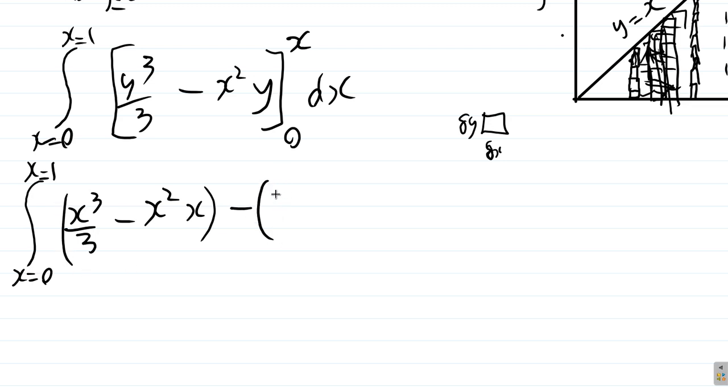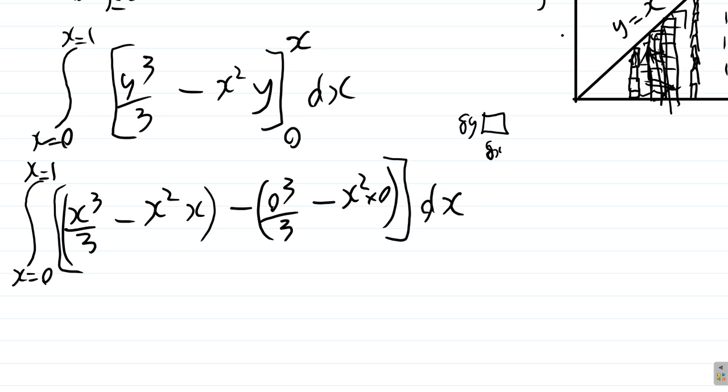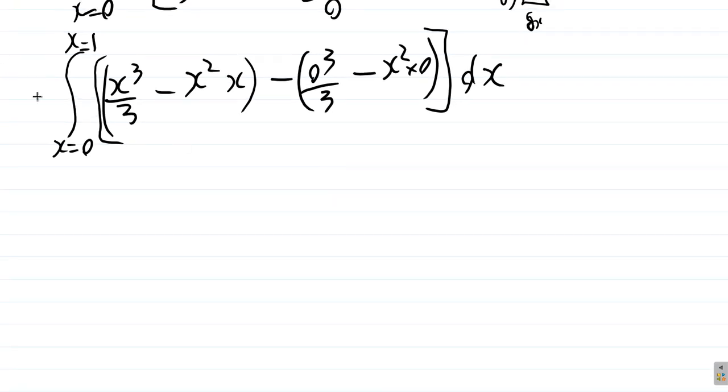The lower boundary is 0, so this is 0 cubed over 3 minus x squared times 0. Later we're going to do an integral from x equals 0 to x equals 1. This lower part will be 0, so you don't have to worry about it anymore.